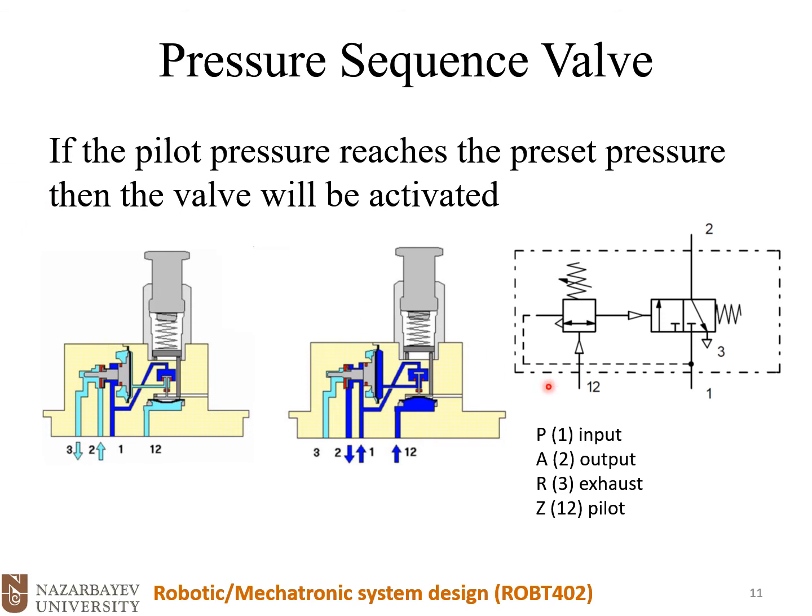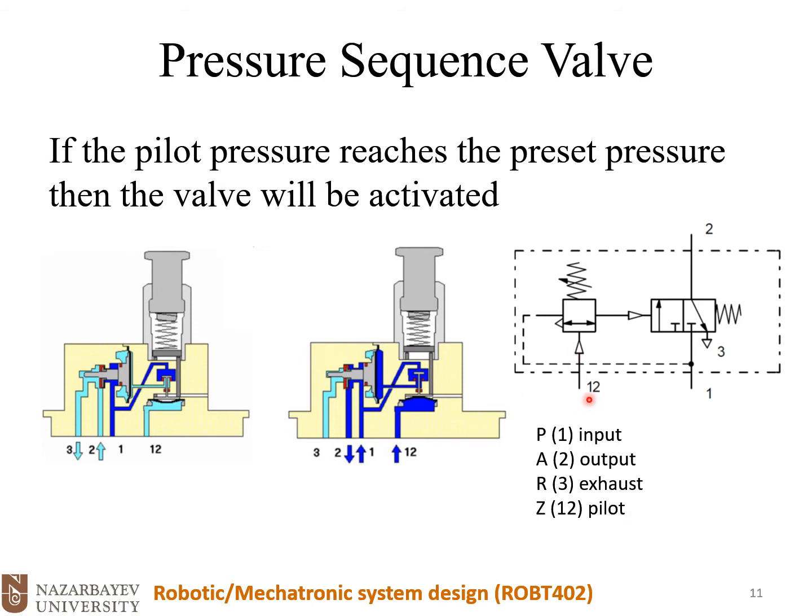So that's why we call it the pressure sequence valve. There is a sequence with the signal coming in the pilot line. This is a pilot line here, 12. Remember that the pilot lines should be numbered by 2 digits.